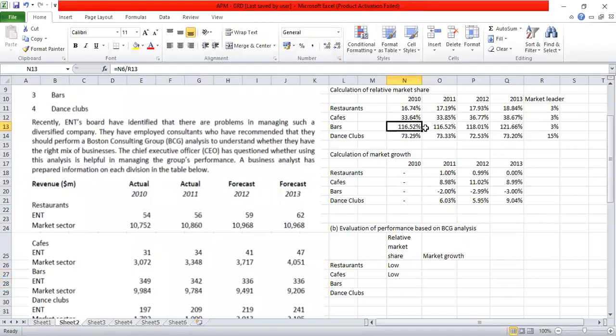Bars should have been 100, but it is more than 100, so it's under the category of high. Dance clubs, though they are not very poor, seem to be okay, but they are definitely not up to 100%. On that note, this also will be categorized as low.